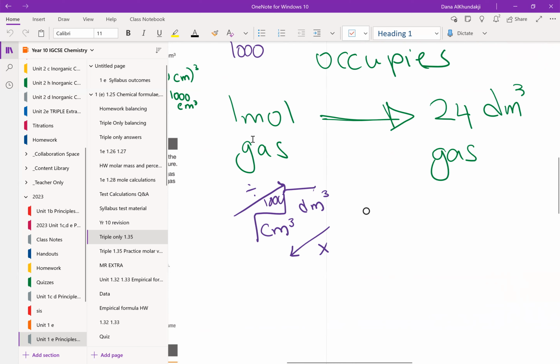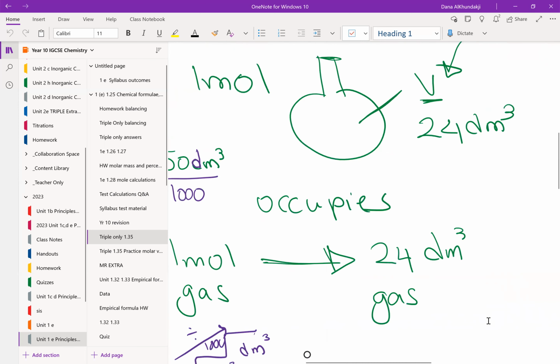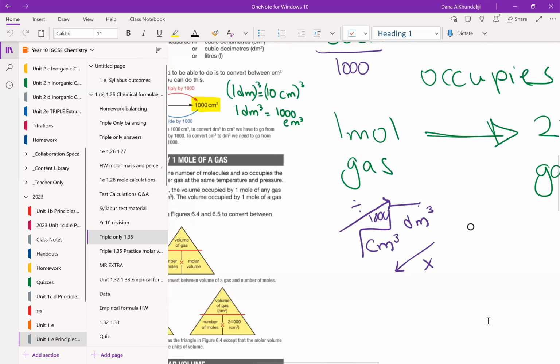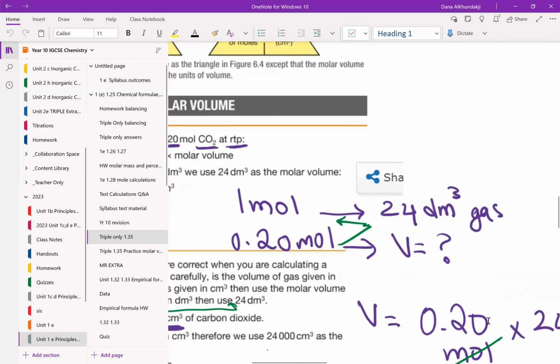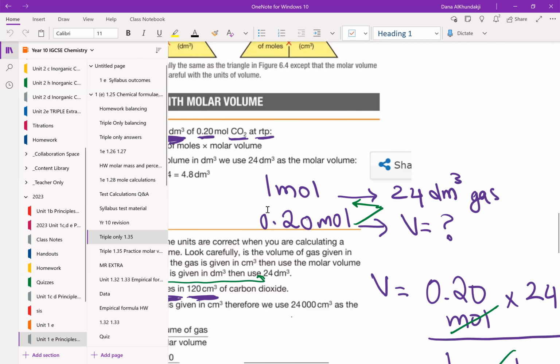So now every time you use this conversion factor, you're going to write whatever is given underneath it, matching units, and then you will cross multiply. For example, let's say that you have 0.2 moles of a gas, any gas, like carbon dioxide at RTP. What is its volume? Therefore, you would say that the conversion factor is 1 mole contains 24 decimeter cubed volume of a gas.